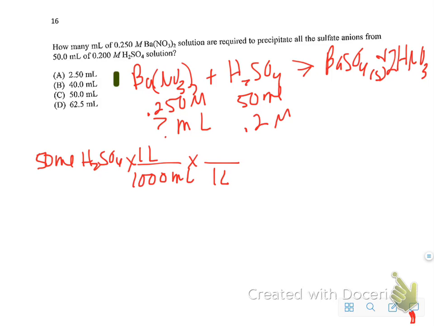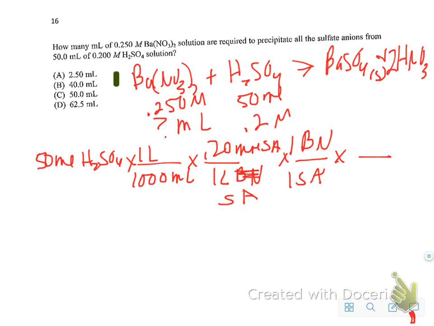So 1 liter of, I'm just going to call it SA for sulfuric acid, is 0.20 moles of sulfuric acid, and for every 1 mole of sulfuric acid, I need 1 mole of barium nitrate.